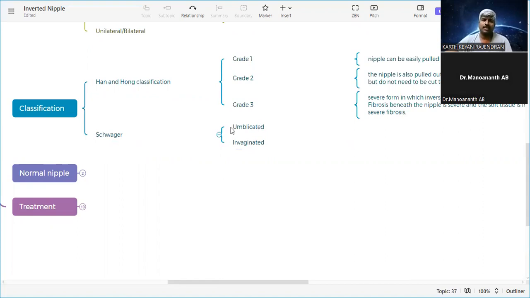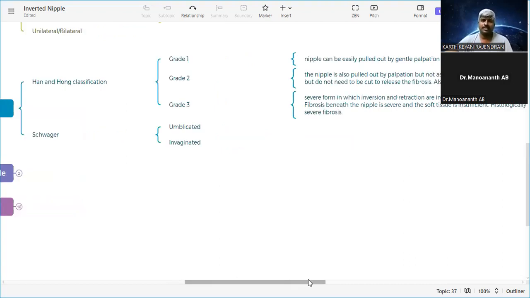Umbilicated is a normal inverted nipple that will pull upwards, and the inversion is corrected if pulled with sutures. The invaginated nipple, because of lactiferous contraction, will not come out from the breast. The Han and Hong classification is accepted worldwide and followed.